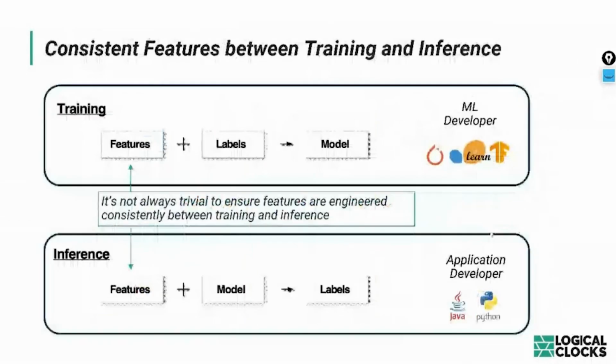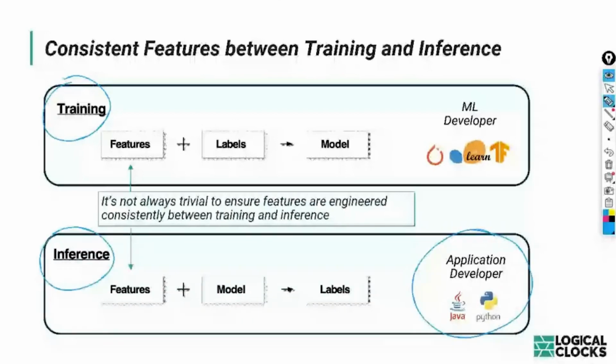Another problem that the feature store will address is that we're going to do our feature engineering when we're training models, but we're also going to do feature engineering when we're using the models to make predictions. That's what we call inferencing. So if we see here, we have training up here and we have inference down here. And the inference is the application that's going to make the predictions.